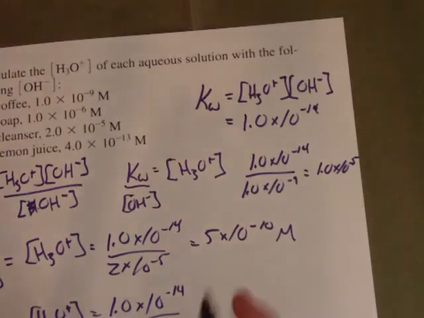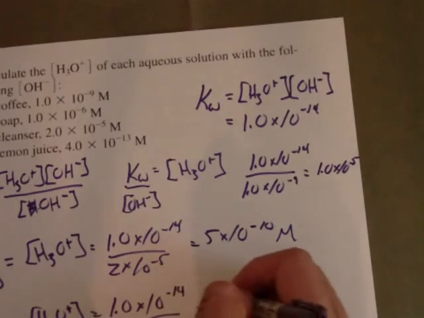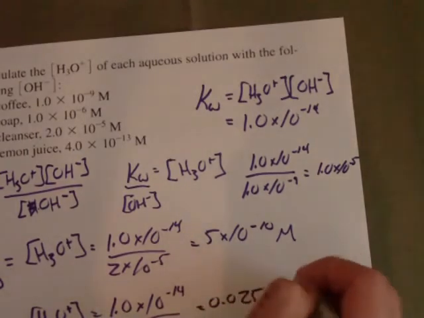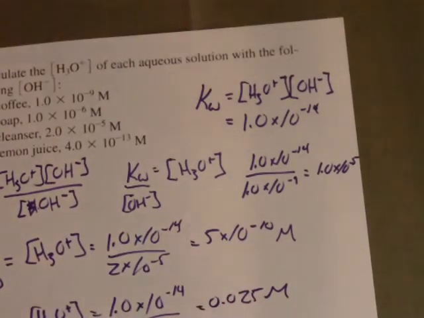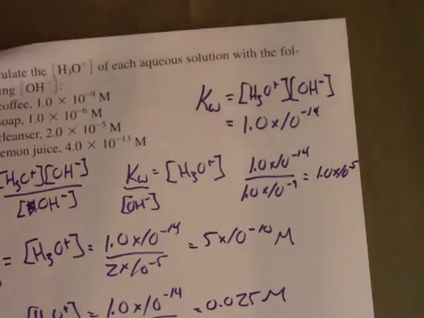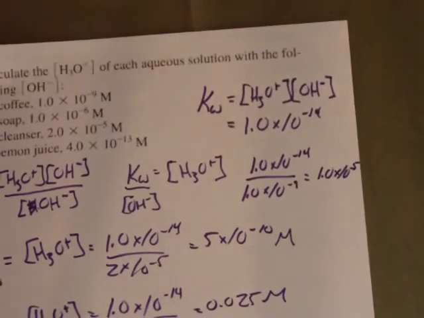And we get a number of 0.025 molar. And so that's how you convert from OH minus concentration to H3O plus concentration, which is going to help us in the next problem.